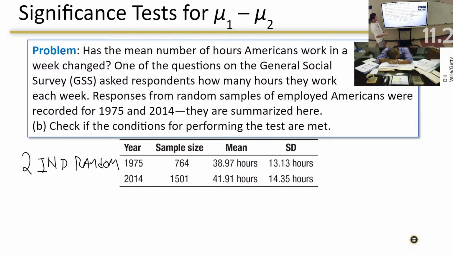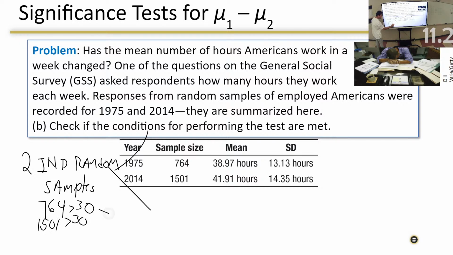Sorry, I don't have room to do this. 764 workers in 1975, 1501 workers in 2014. 764 is greater than 30, and 1501 is greater than 30, so large counts is met, or the samples are approximately normal.